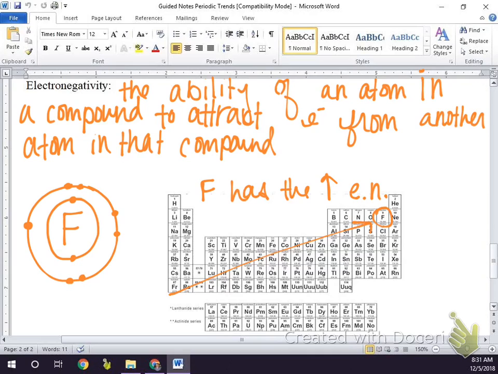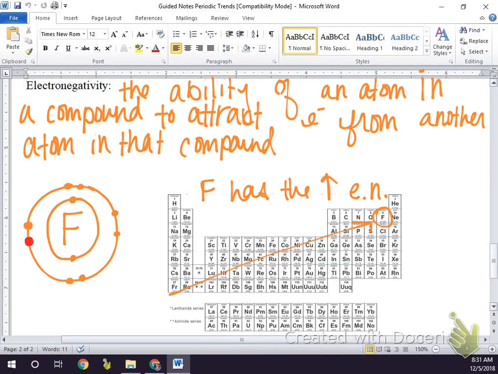It's really likely to take in an electron. So it's going to take in this extra electron, right? And it's going to take it from anyone and everyone because it has the highest electronegativity, right? We call it the highest electronegativity. It's likely to take electrons from any other atom because its outermost shell is closest to the nucleus, which means it has the greatest draw. Okay, it pulls it in the closest.